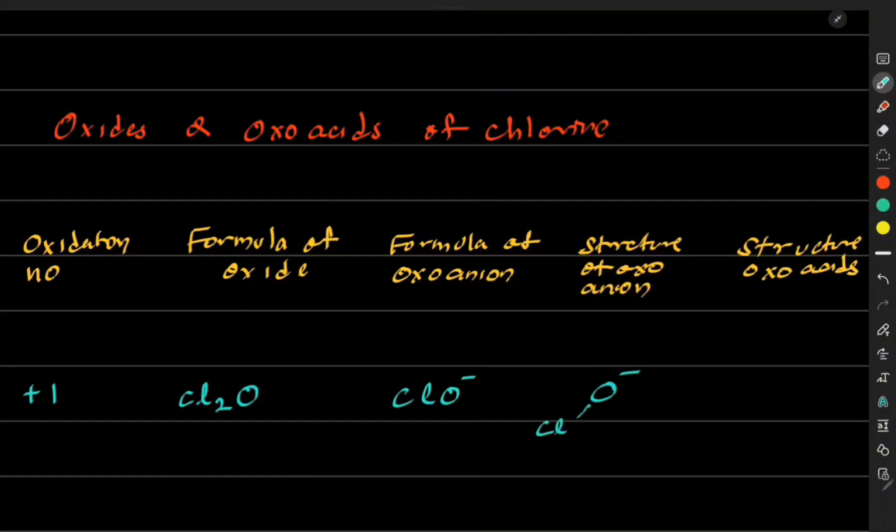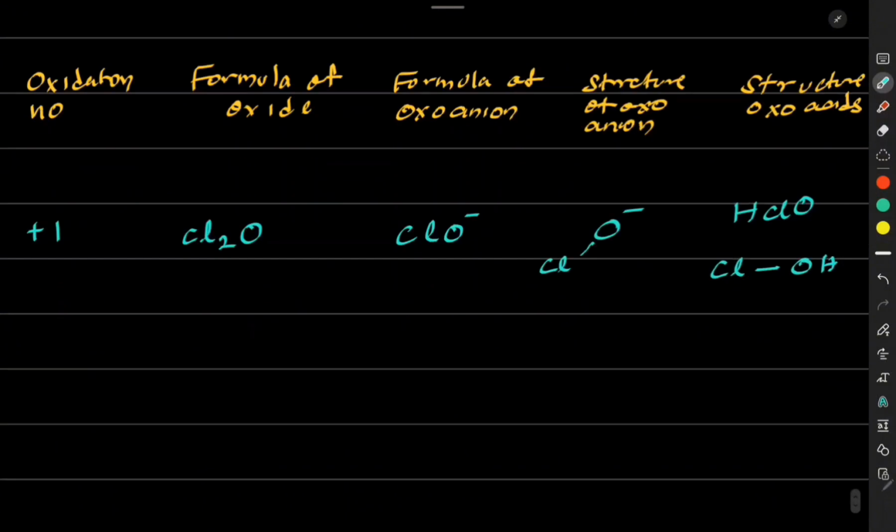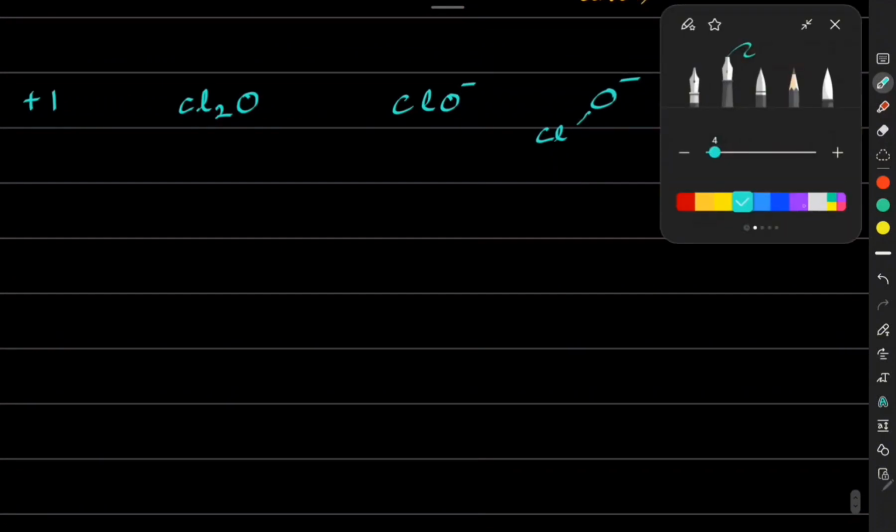Now let's look at the structure of the oxo acid. The formula is HClO, and the structure is Cl and OH.